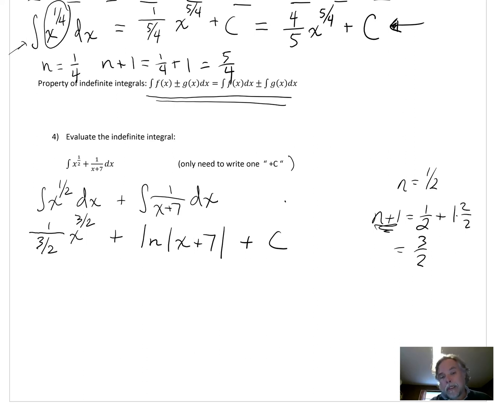We wouldn't really want to write separate plus c's. We could write a plus c1 and a plus c2, but since c is an arbitrary constant, it can be any real number. Were we to write plus c1 and plus c2, we could just say, since c1 can be any number, so can c2, let's just replace that sum with one parameter c.